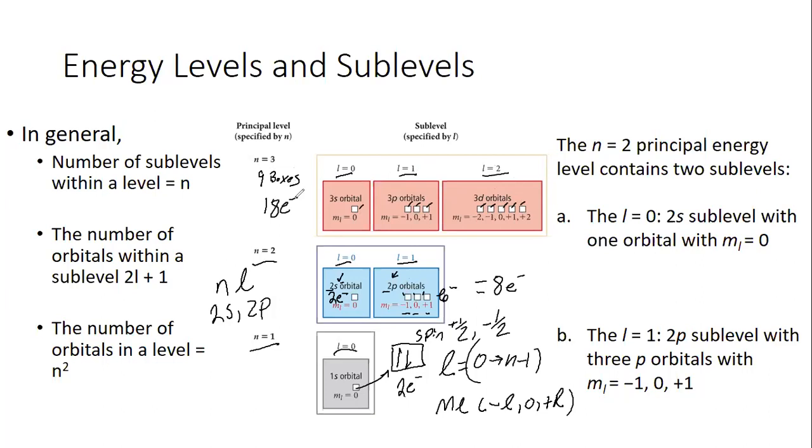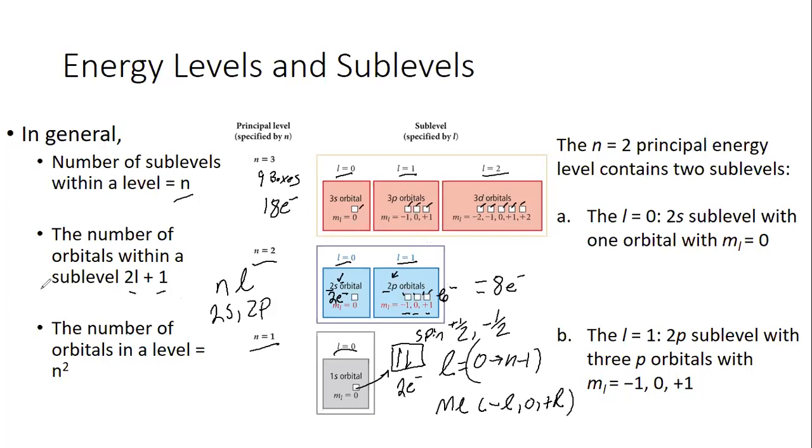So in general, what I have over here, your energy level is n. The number of orbitals is going to be 2L plus 1. So what that means is if L is 1, it's 2 times 1 plus 1, which is 3.